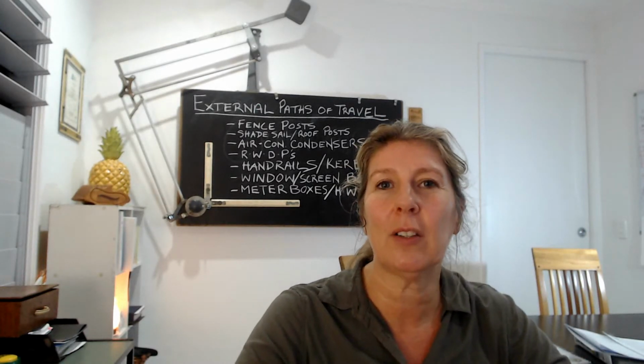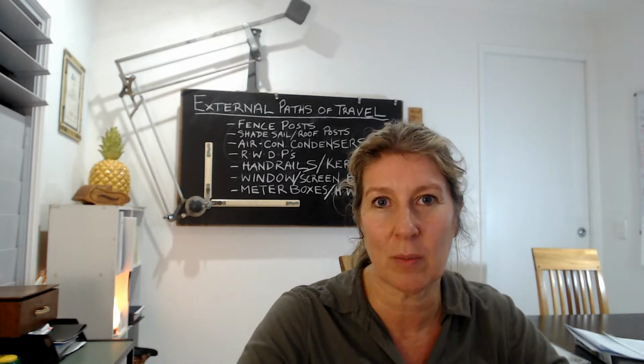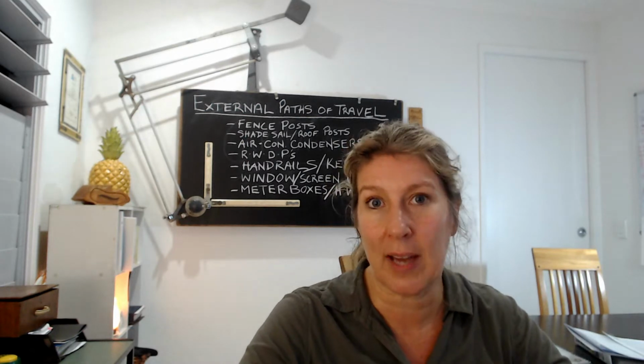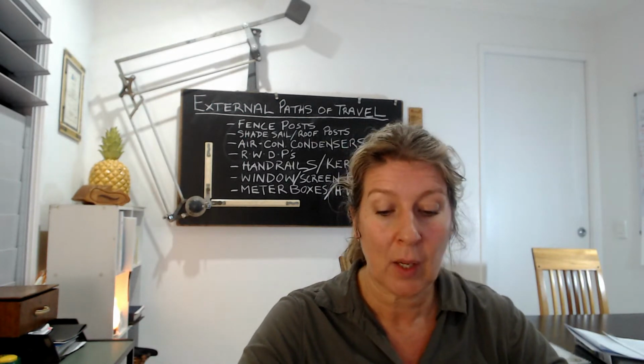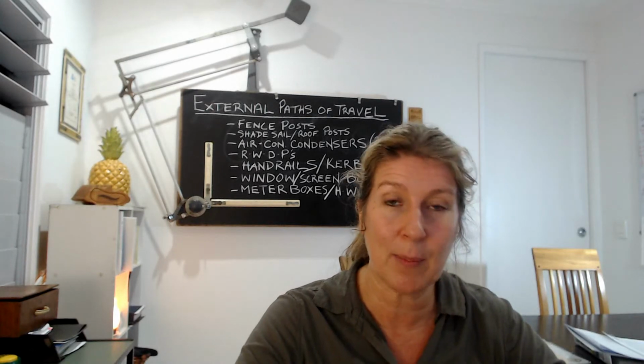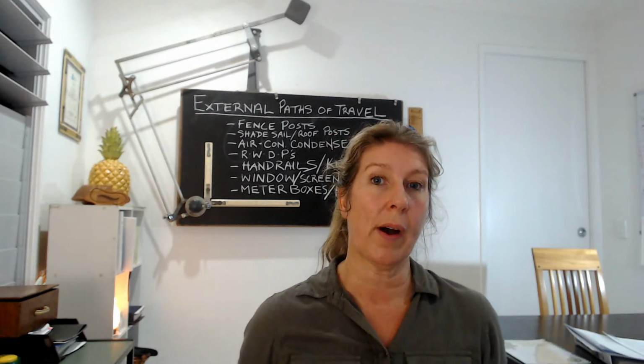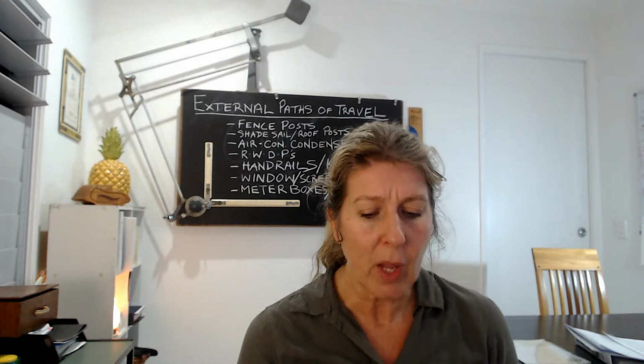Today we're going to take a quick look at external paths of travel for specialist disability accommodation premises and the things to look out for on your site plan. We've covered internal clear widths on a couple of other videos in different aspects, and I thought we'd cover external pathways today just in terms of the widths required, because a lot of the blocks these days are smaller than they used to be.